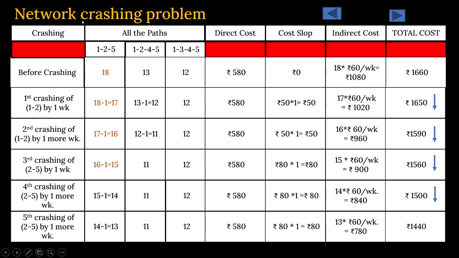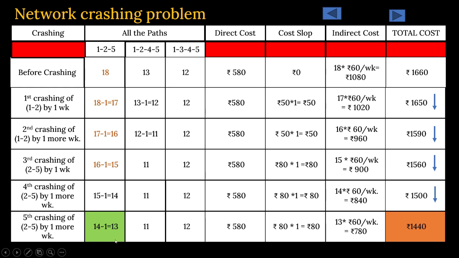So now you see that presently after crashing, this is your total project cost after crashing the project with a possible way. And your project duration is now 13 days. Initially we started with 18 days.